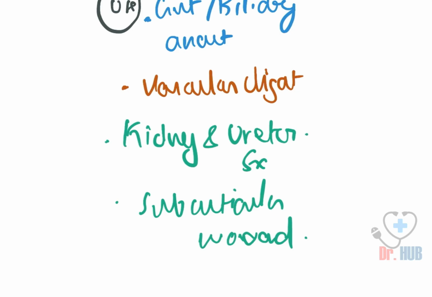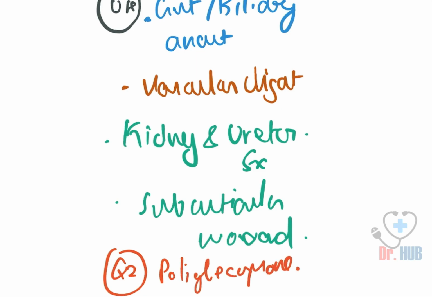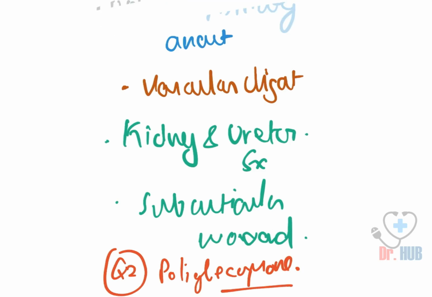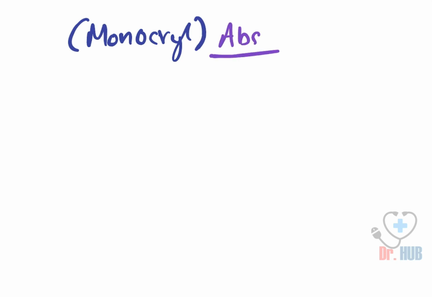Now we jump on to the next question. Question 2 we asked was, what is the polyglecaprone? So this is nothing but Monocryl, and it is also an absorbable suture material.